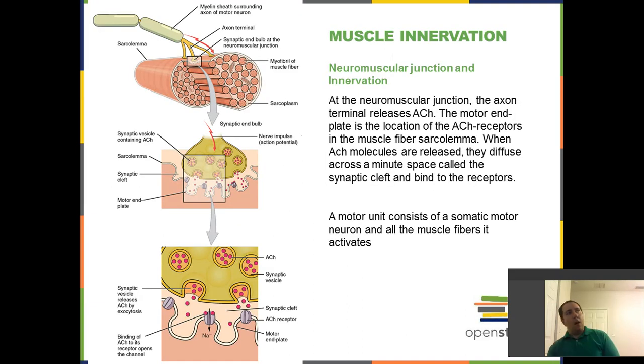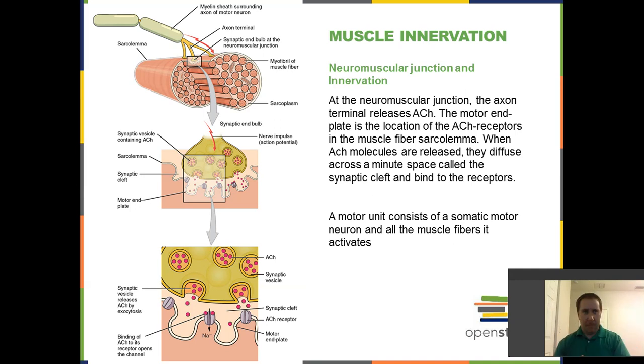So, muscles are controlled ultimately by our nervous system. In order for our muscle to contract, they have to receive a signal from the brain or the spinal cord telling it to contract. And so that signal is going to come through neurons.